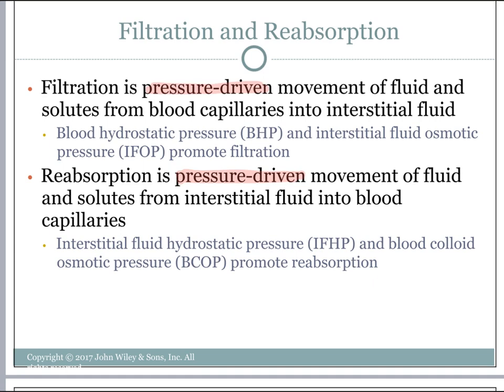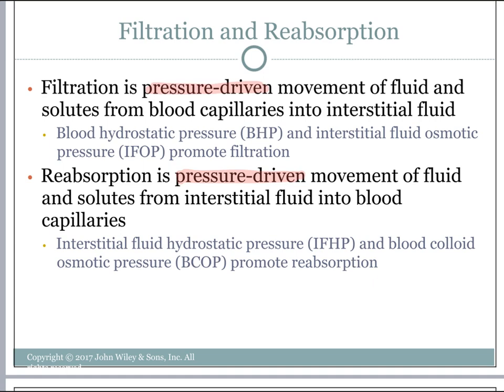And then again, the blood colloid osmotic pressure, so BCOP. This is all those proteins, all the formed elements in blood exerting a pressure onto that capillary as well.